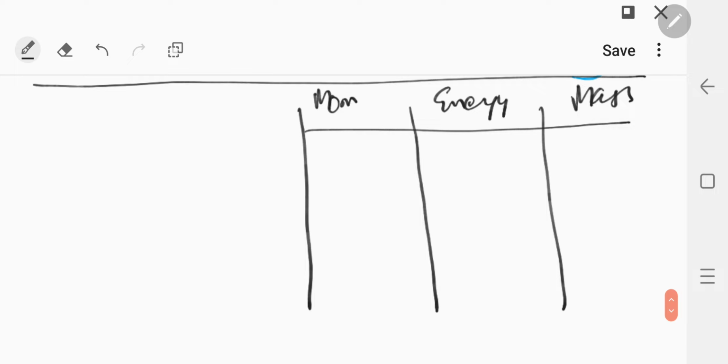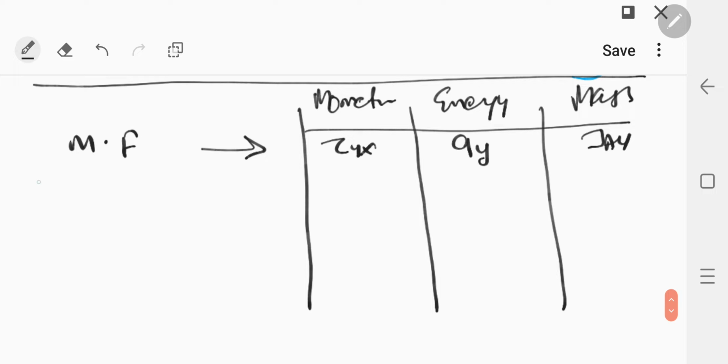First is molecular flux. Molecular flux in momentum is represented by tau yx, in energy it's qy, and in mass it's jy.